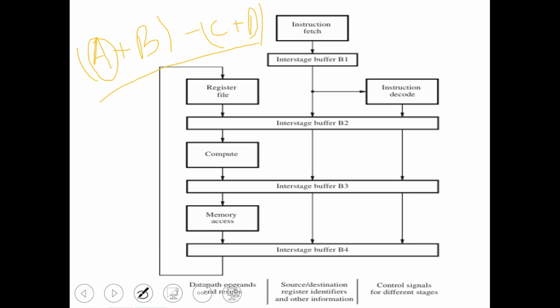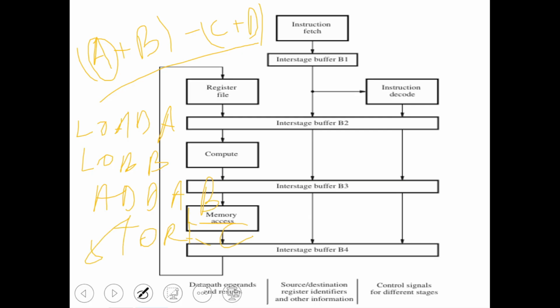This one step, we all know, can be written as load A, load B, then add A comma B, and then store it in a variable called C. So these are the instructions that will be performed, and they will be fetched and decoded.